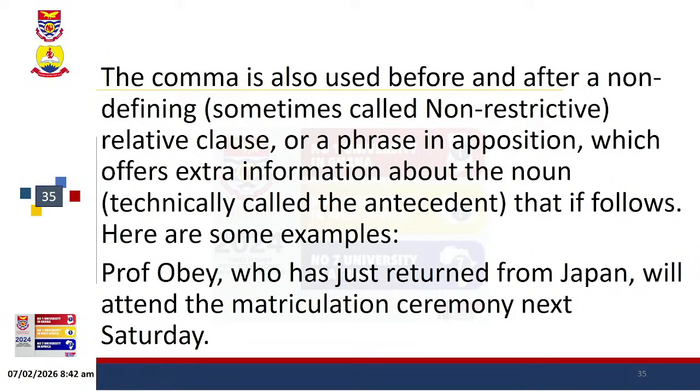Why? Because who has just returned from Japan is a relative clause, a non-defining, non-restrictive, non-essential relative clause. Without this clause, we can still be able to identify Professor Obey. That's why we call it non-restrictive or non-defining.